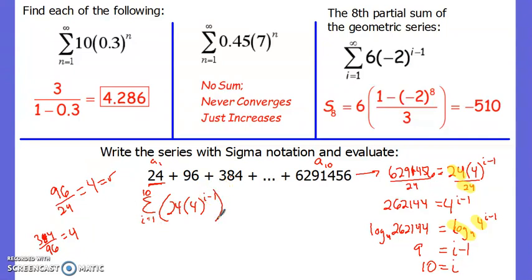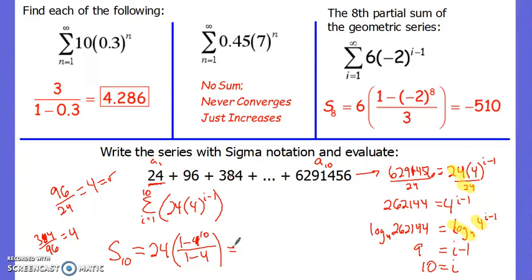And now the beauty is we can go back and use our formula. So let's grab our formula from up top. We want to find the sum of the first 10 terms. Remember, that means the first term times 1 minus the common ratio r, so 4, raised to the number of terms, which was 10, all over 1 minus 4. And if we type very carefully into our calculator, make sure we're careful about those parentheses.